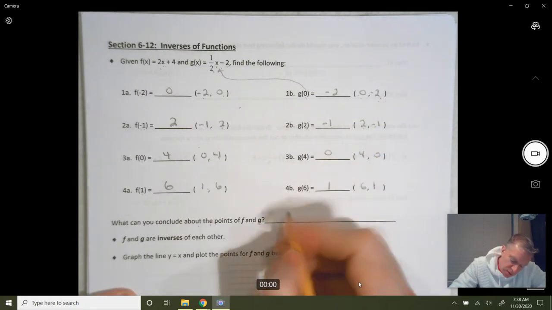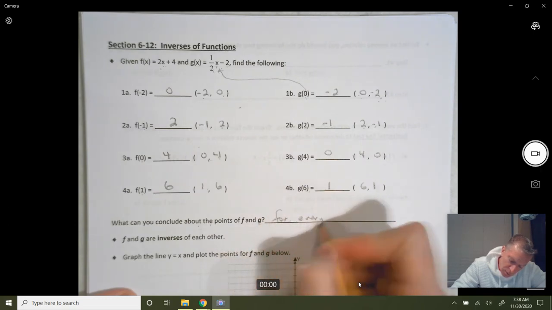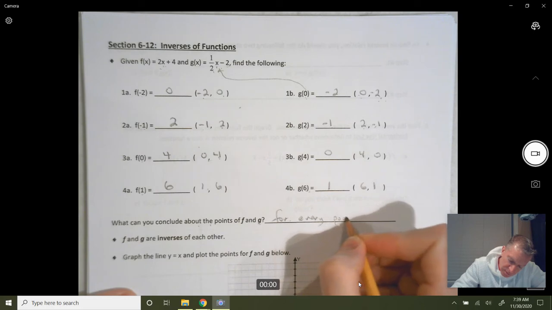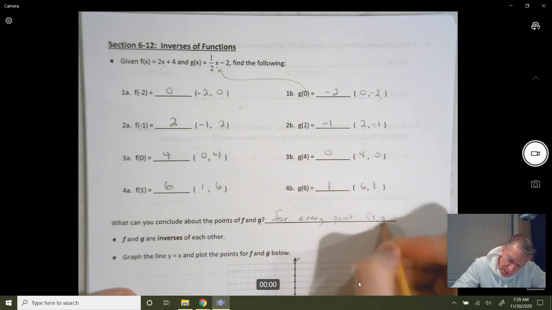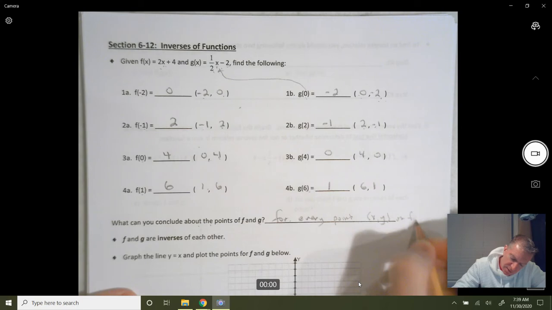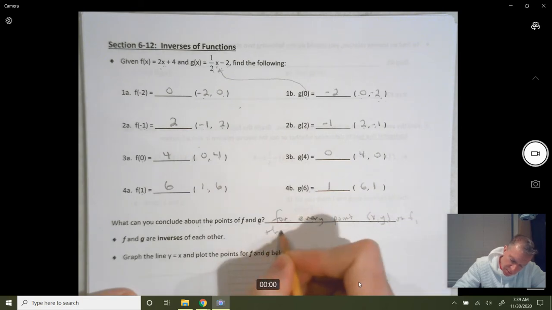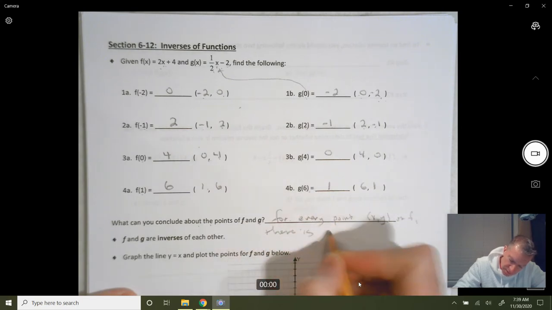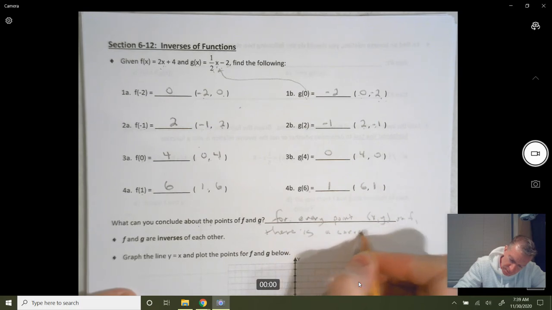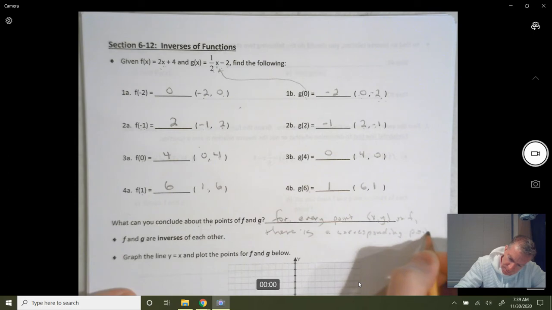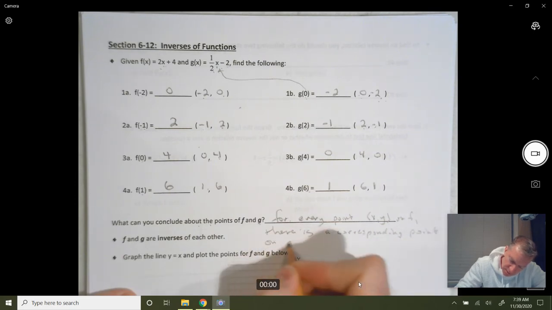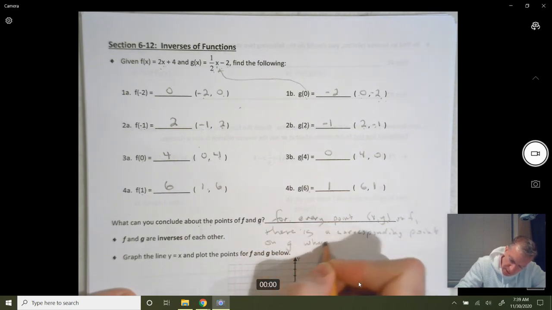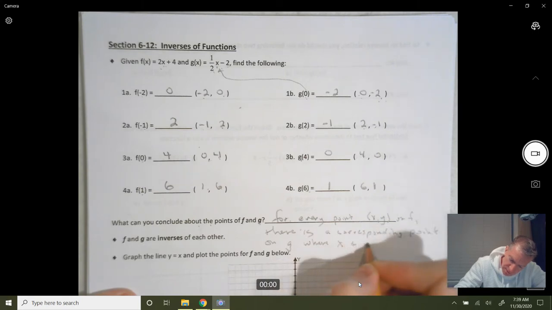So for every point x, comma y on f, there is a corresponding point on g where x and y are switched.